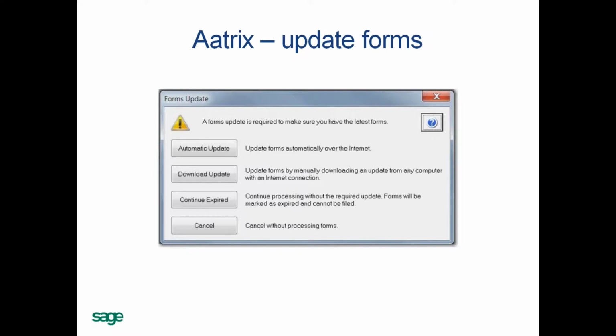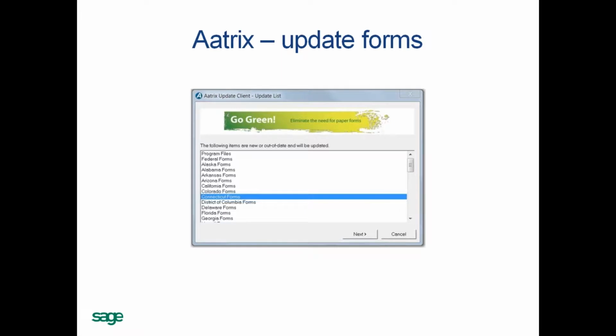So when this pops up, what you're going to want to select, if you are attached to the internet, you have to have an internet connection, you're going to click on Automatic Update. It's going to go through and give you a list of all the forms that are out of date and that need to be updated.